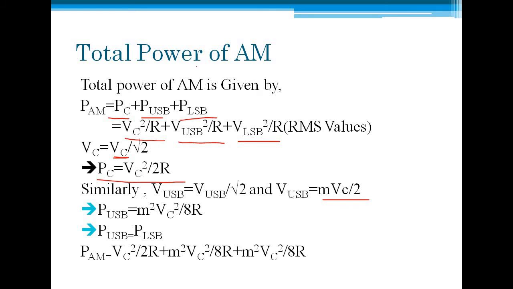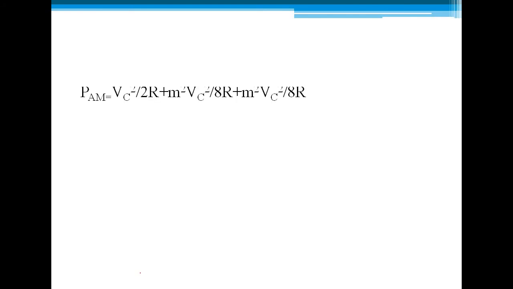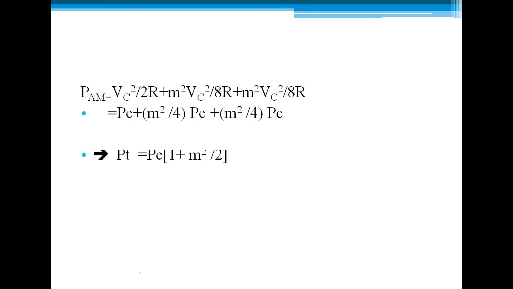Now putting in the formula of AM, I am putting all the values of power in the formula of PAM, and after putting them, I have taken the common part. So PC is my common term. Why does this PC come out here?